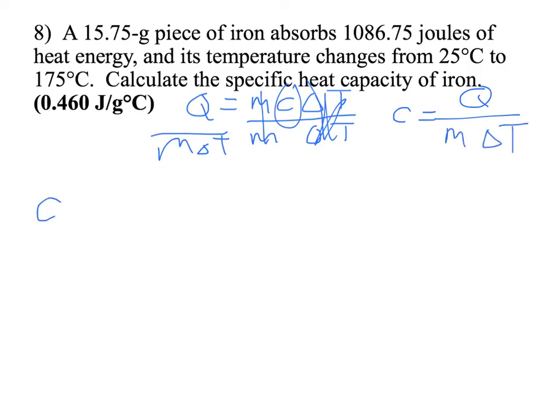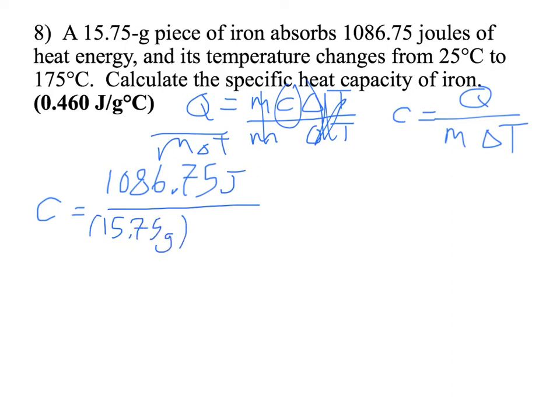So let's come down here and solve it. C is equal to 1086.75, that's joules, divided by the mass, which is 15.75 grams, and the temperature change. Here we need to look at the temperature change.